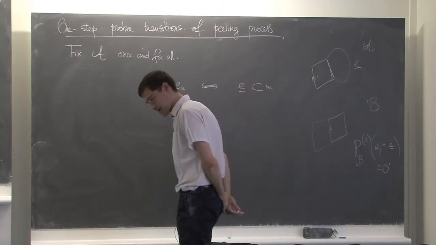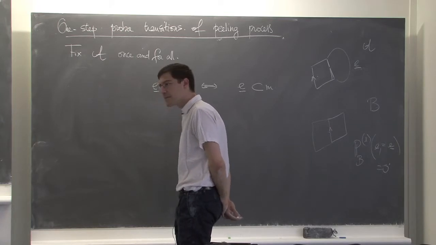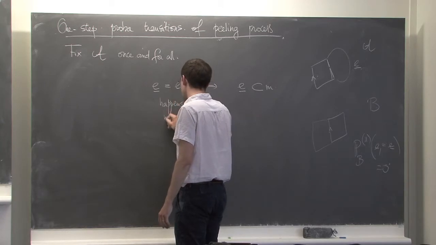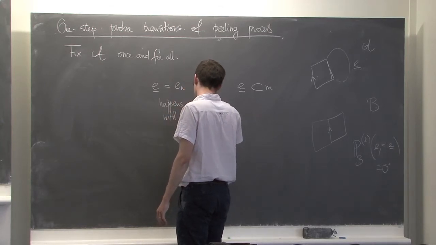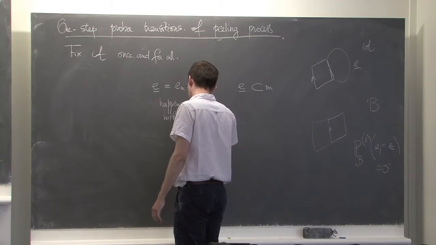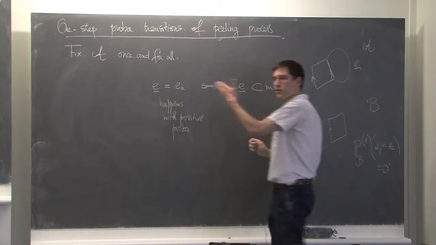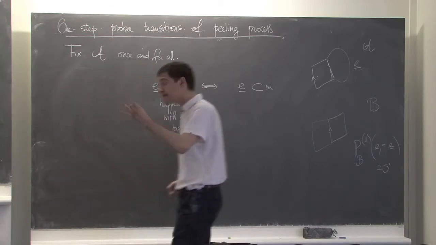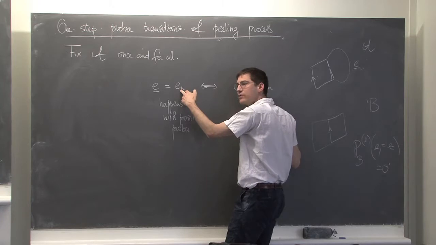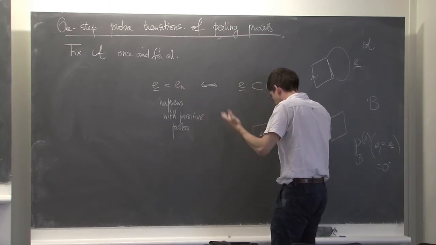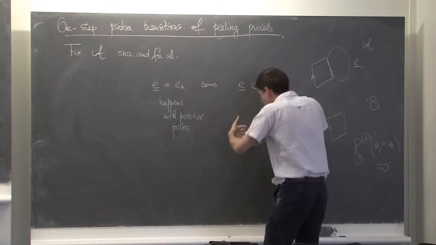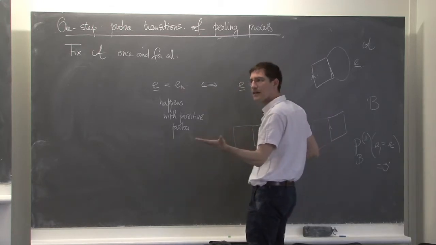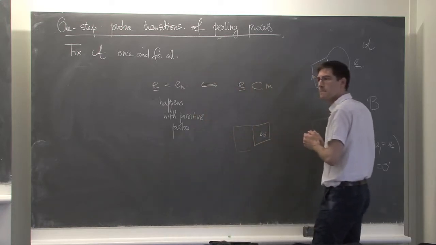If this happens with positive probability, you know that after n steps, you will reach exactly this. That means that you know exactly the steps that will lead to this, because the first one has to be E0. Then you know the deterministic peeling of this guy.